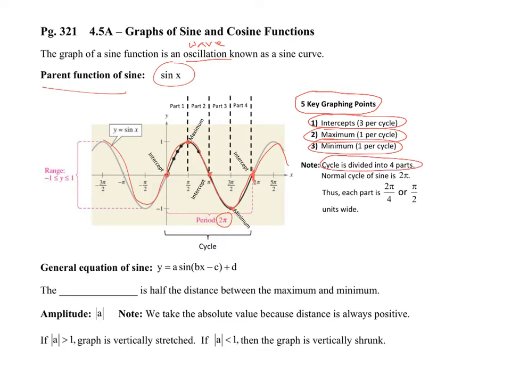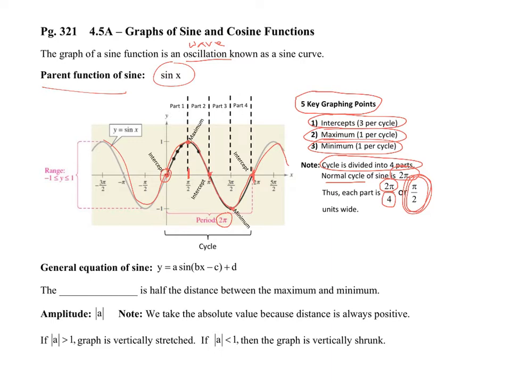As stated before, a normal cycle has a length of 2 pi. So if you want to figure out what each part consists of, you just take the length of the cycle and you divide it by 4. And that gives you the increments that you're moving by. So here I start off at 0, and then here I have pi over 2.